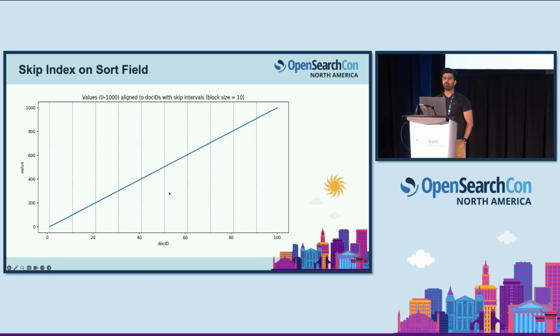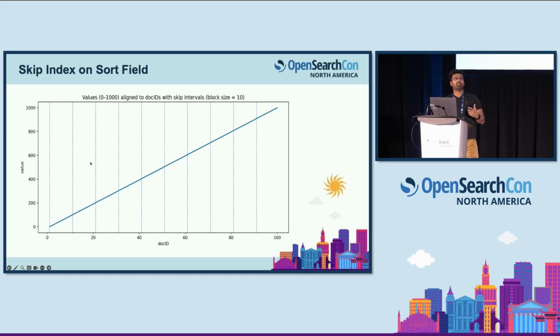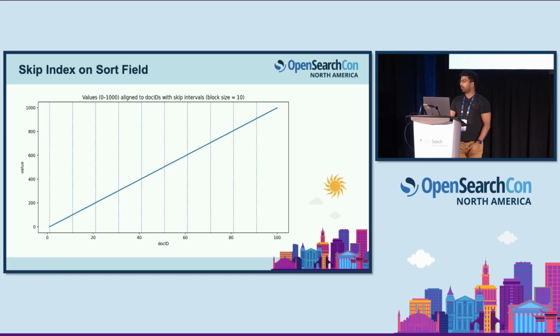So let's say you take timestamp or drop off date time as the sort field, then you will have a linear relationship between the doc IDs in that index and the actual value for the drop off date time. And we can leverage this information to come up with another significant optimization.